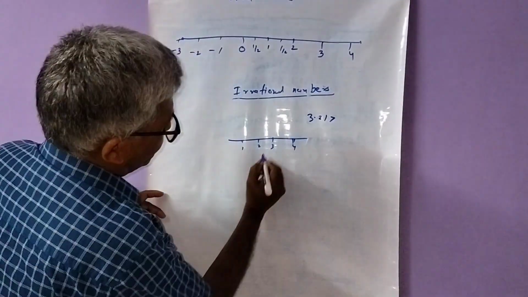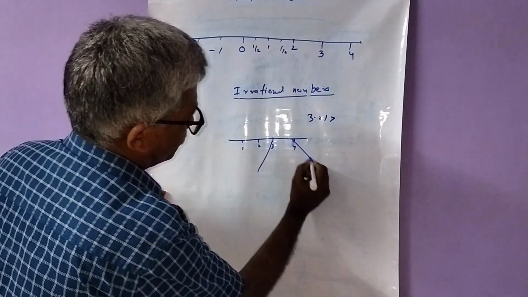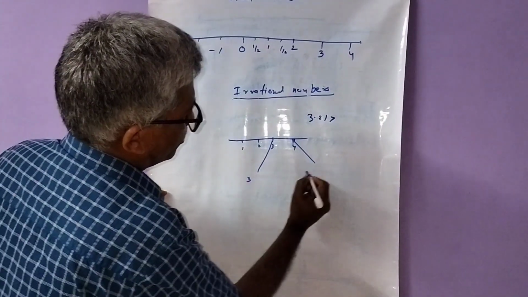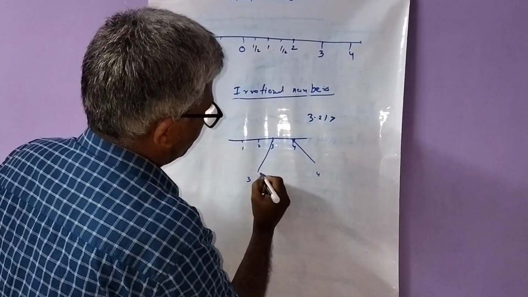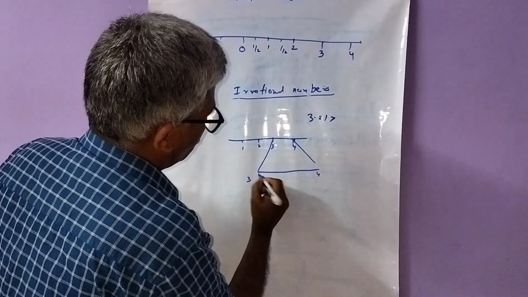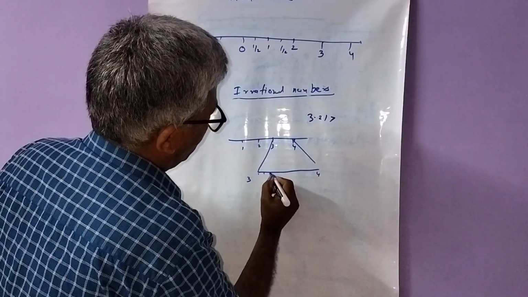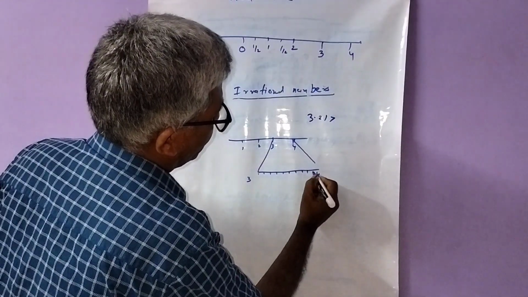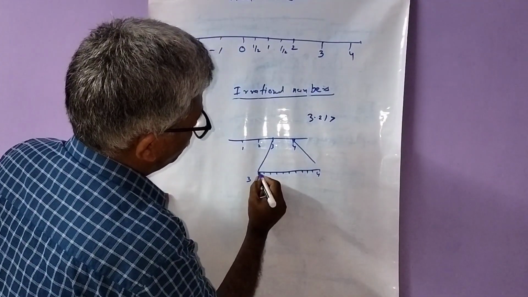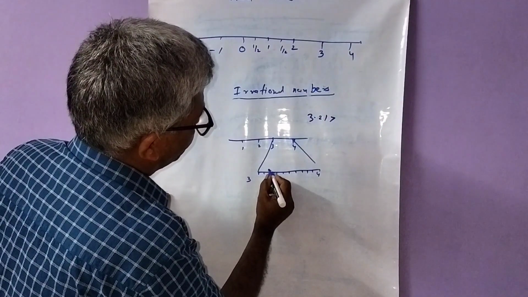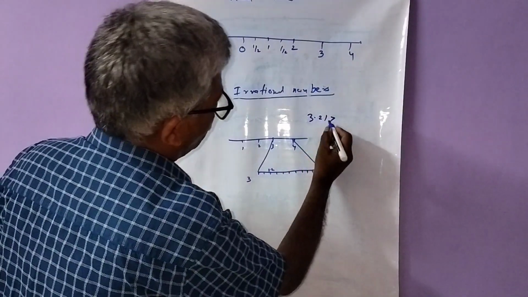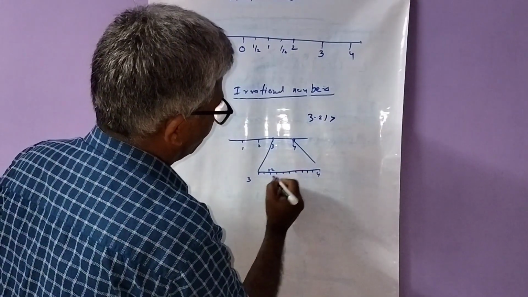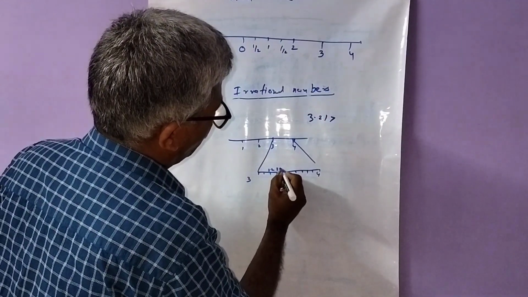So let us magnify this. 3 here, 4 here, and divide into 1, 2, 3, 4, 5, 6, 7, 8, 9, 10 parts. So 3.2 lies here. 3.217 must be lying between 3.2 and 3.3.